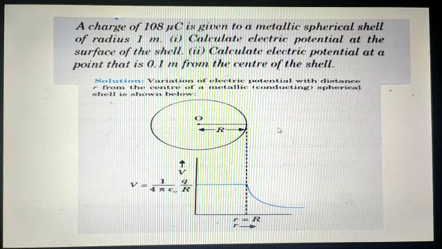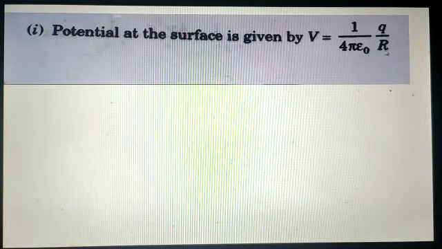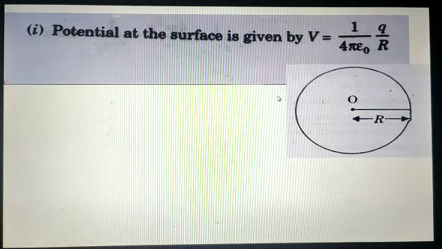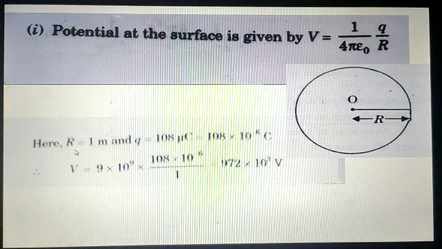So the potential at the surface will be 1 by 4 pi epsilon naught q by r, and the values are given. So you have to put the values only. The r is 1 meter radius, charge is given, so you put the values in 1 by 4 pi epsilon naught q upon r. So you have the final answer 972 into 10 raised to the power 3 volt.